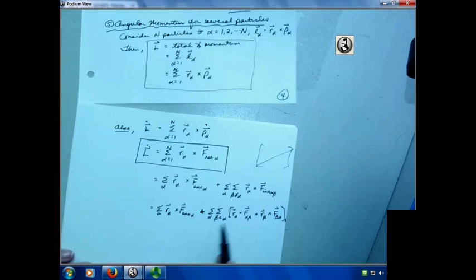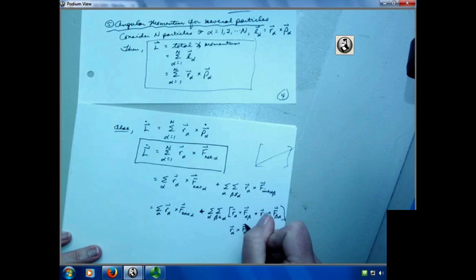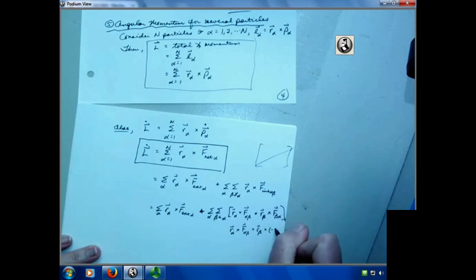All right, so now, by Newton's third law, I know that the force on alpha by beta must be equal and opposite to the force on beta by alpha. So that allows me to write this as r sub alpha cross f alpha beta plus r sub beta cross negative f alpha beta.